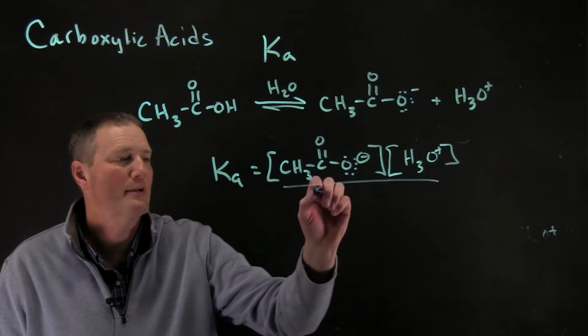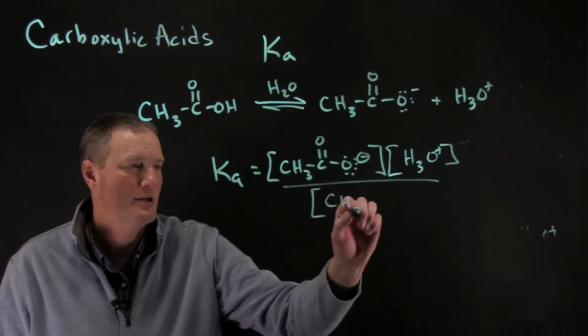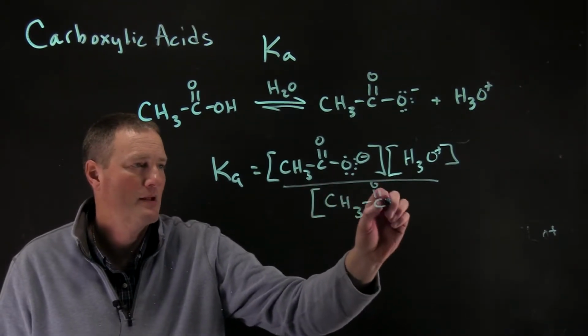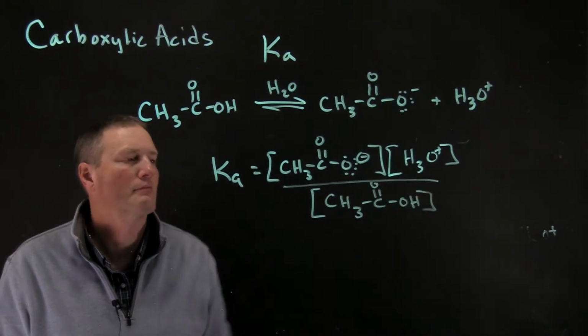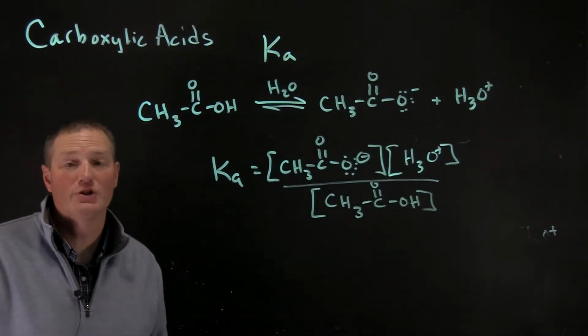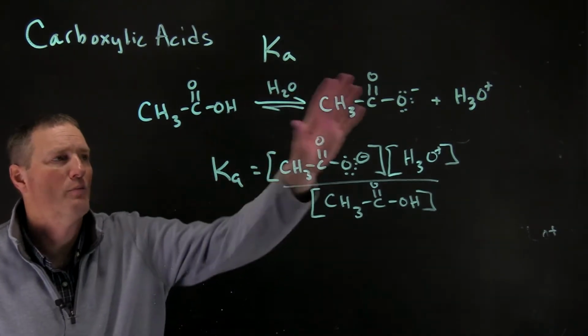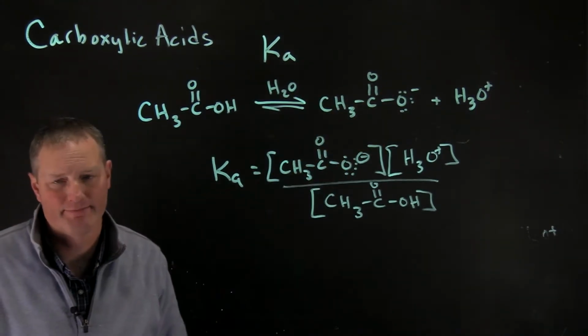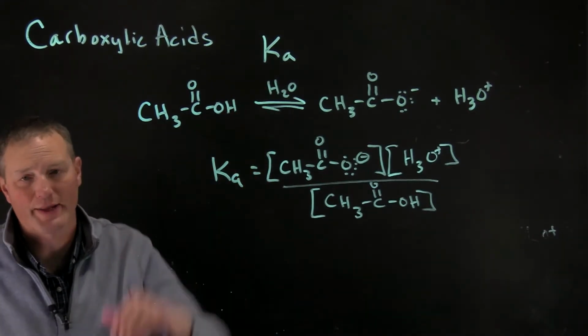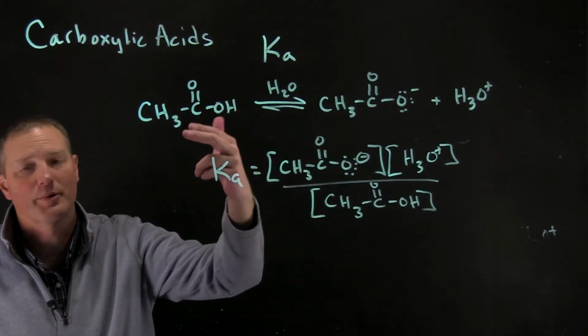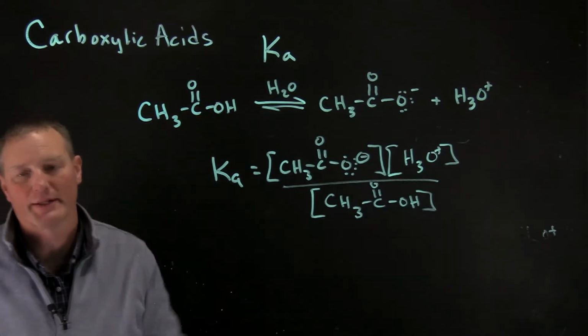And that's going to be divided by the concentration of the starting material, which is our acid. All right. In general, the larger the Ka number, that would mean the more that the equilibrium lies to the right. Conversely, the smaller the Ka number, the more the equilibrium would lie to the left, or favoring the starting materials.